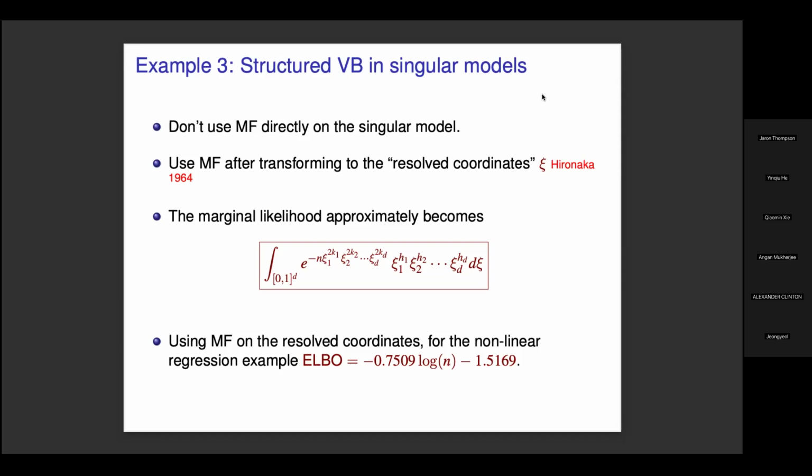And if you use such a transformation on the singular model, it's possible to reduce the marginal likelihood to this very simple form where we have e to the power of a monomial times another monomial. Still, there is quite a bit of dependence between the variables phi1 to phi d, which is in the likelihood. But if you use mean field on these transformed coordinates, surprisingly, you get the -3/4, which is the right order that you get out of the singular model theory.